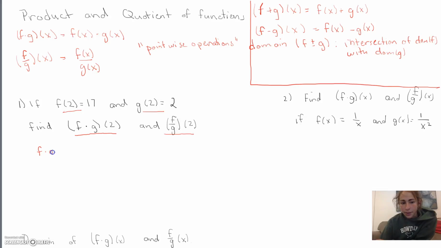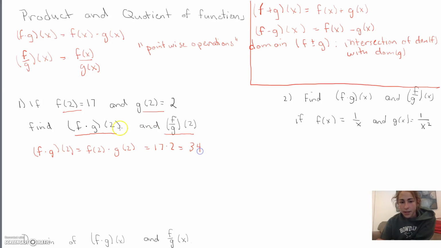So let's see how this works. F times g of 2, by the definition, is just going to be f of 2 times g of 2. Which is just 17, that's f of 2, given to us, times 2, g of 2.